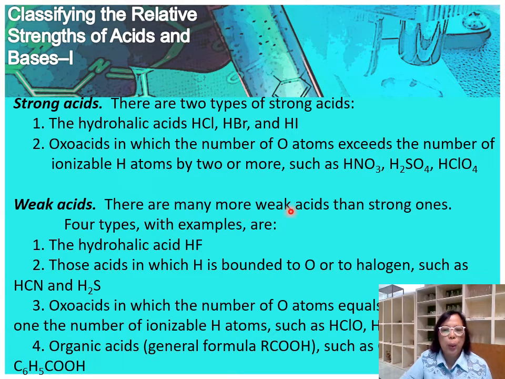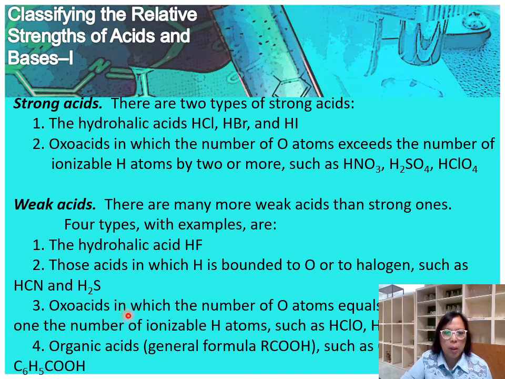There are many more weak acids than strong ones. And this includes hydrofluoric acid, and then you also have HCN and hydrogen sulfide. These are strong ones. These are weak ones.